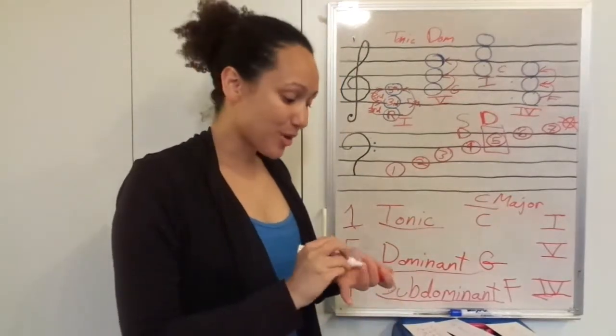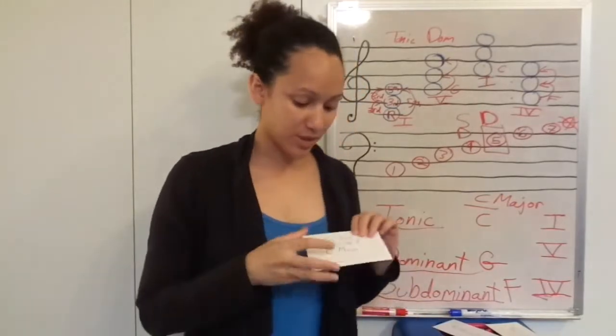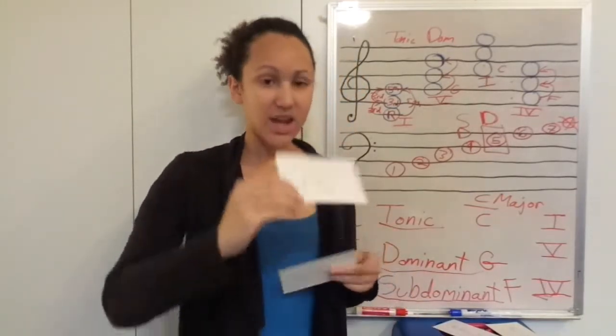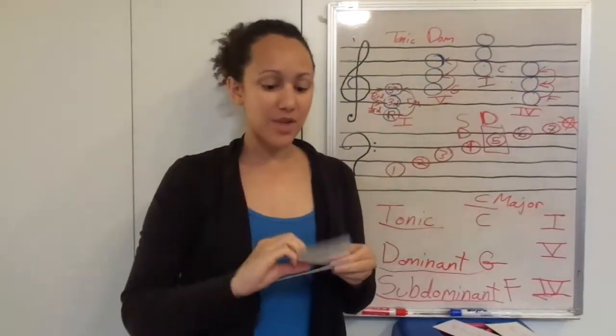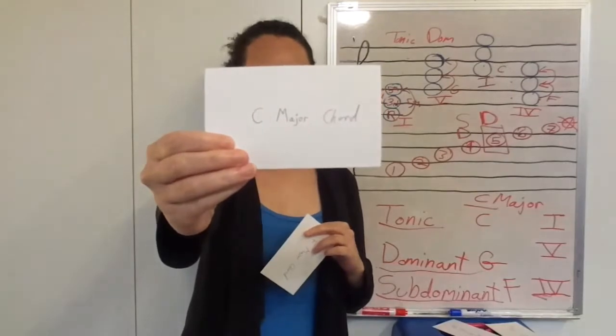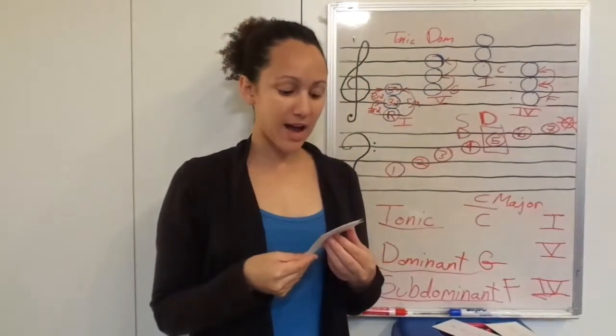Okay, take out your flashcards for the practice pile. On 1, put the 1 chord and also the Roman numeral for it, the key of C major, and then on the reverse side, C major chord. Same thing for 5.